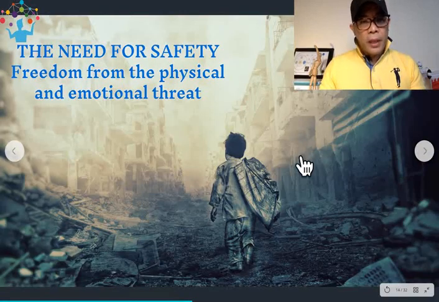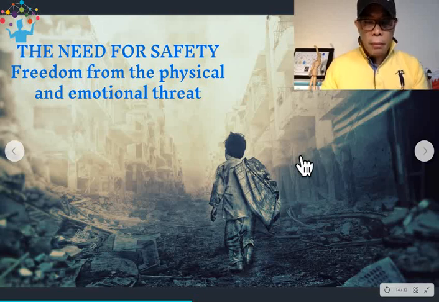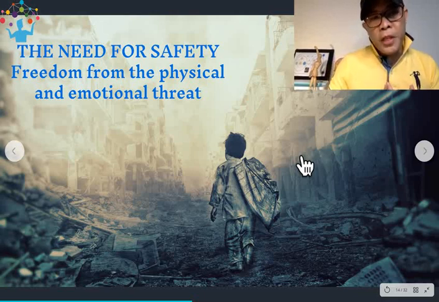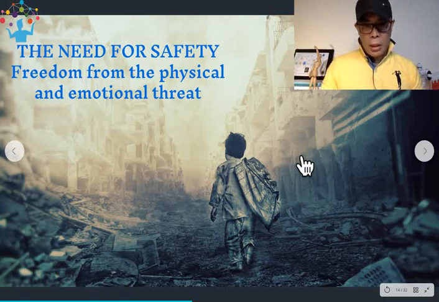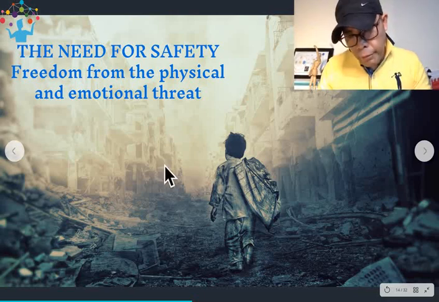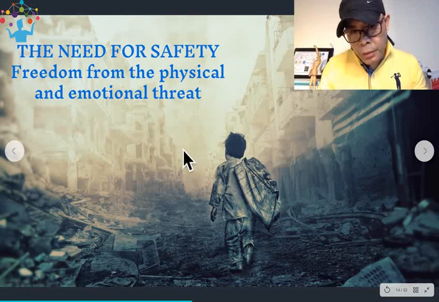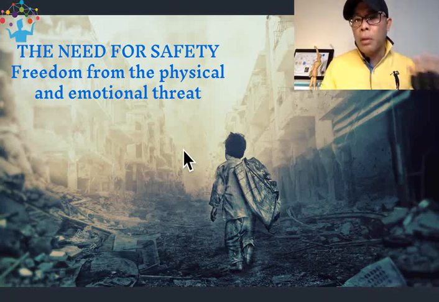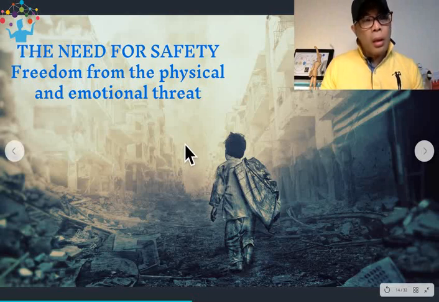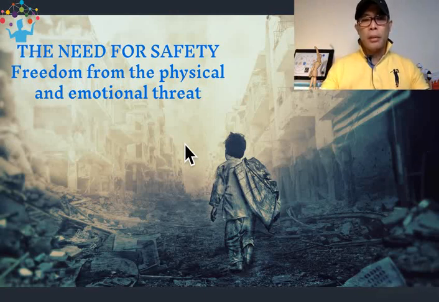The next level is the need for safety, which means the freedom from physical and emotional threat. For example, if you see here in the picture, let's say the child had been exposed to armed conflict, had been exposed to war, to a very violent environment, or a very violent community, how does that situation impact the learning of a child?